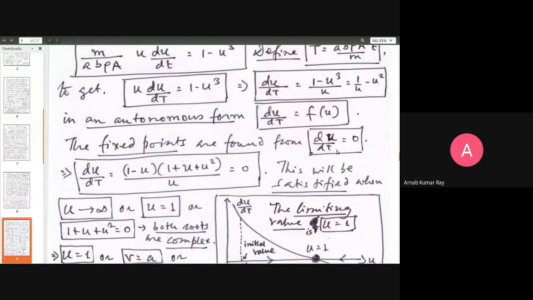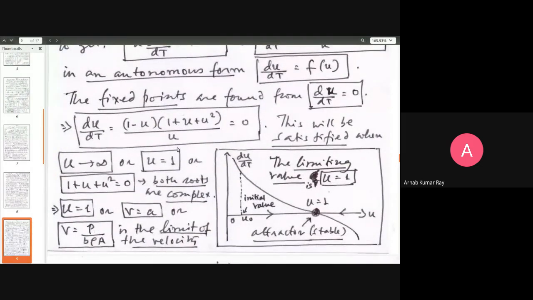So under what circumstances will you have du/dT going to 0? Let us see. Either u will have to go to infinity. In the denominator, u becomes infinitely large, and so this will become 0. Or u is equal to 1, in which case this factor is 0. Or 1 plus u squared will be equal to 0. Now, of all these three scenarios, which one is the physically most feasible?